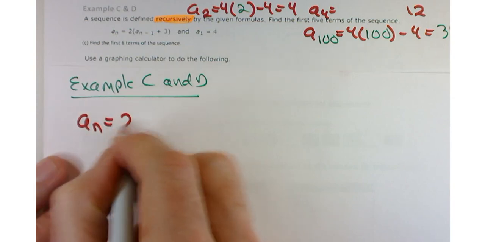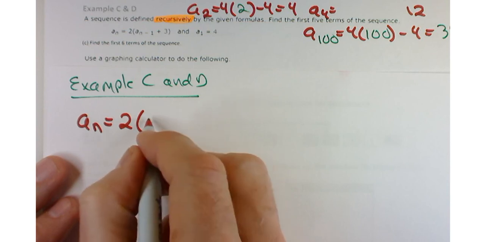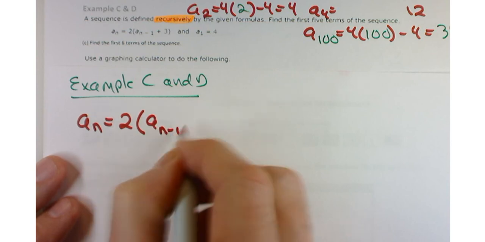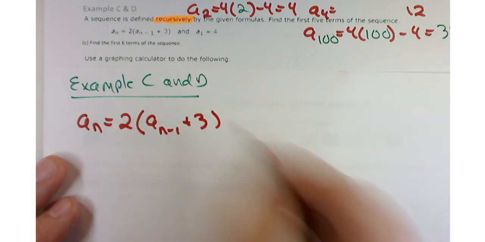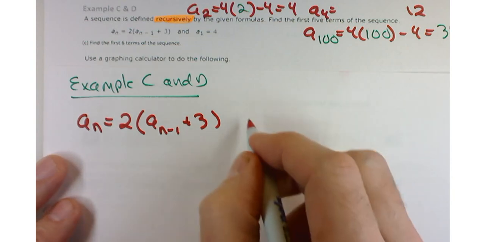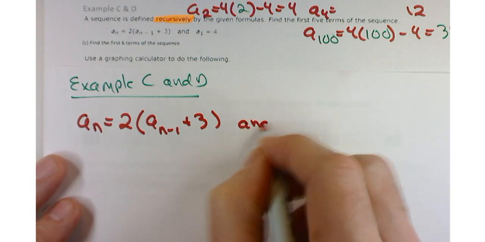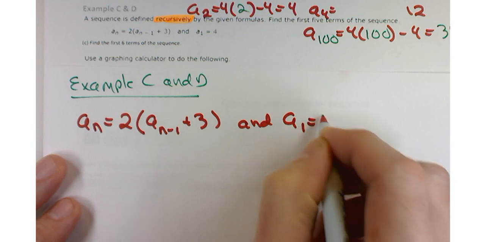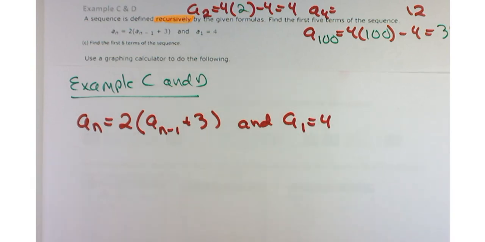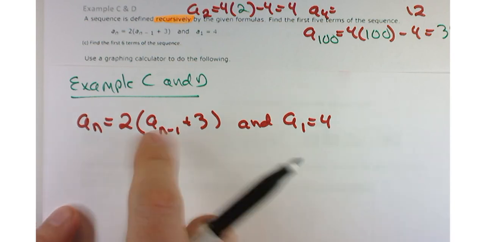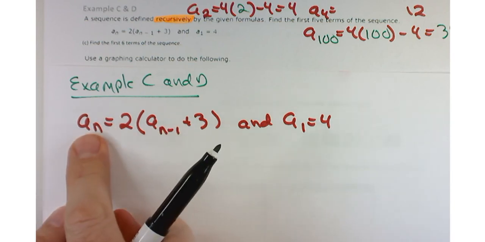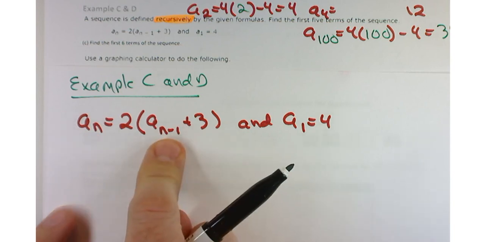A sub n is given as 2 times a sub n minus 1 plus 3. And then there's also a note, and a sub 1 equals 4. So let's unpack this a little bit. What does this all mean? What they're doing is they're telling you how the next term is defined in terms of the previous term.